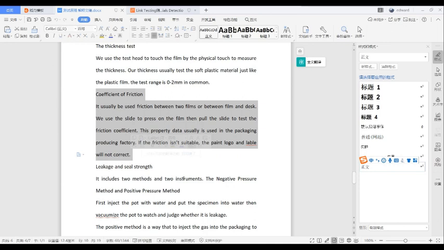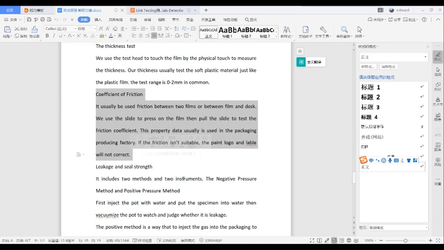If the friction isn't suitable, the printed logo and label will not be correct. Even the films on the production lines will break. So the production must be stopped and they have to put the films into the production lines again. It causes a lot of cost waste.